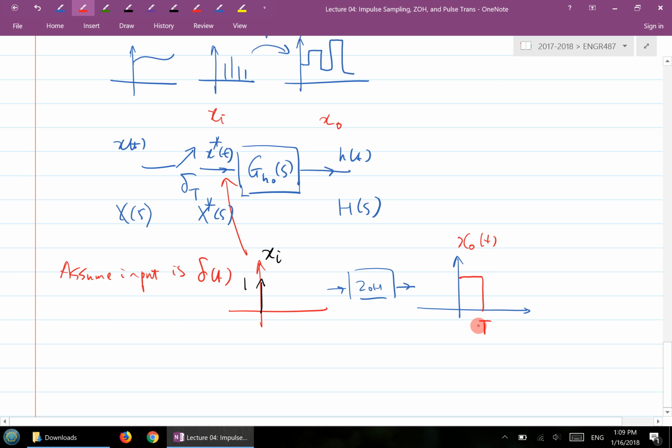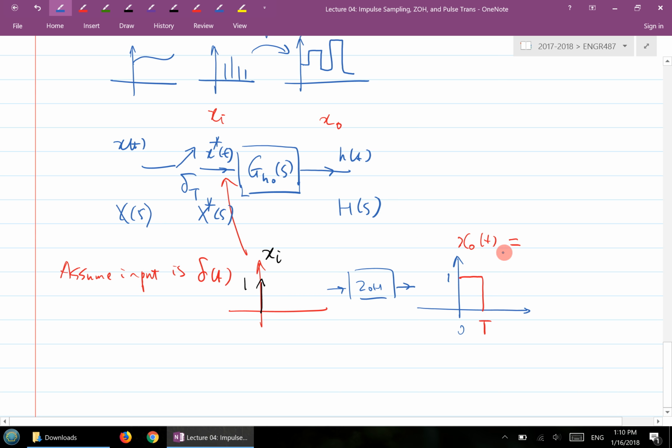For xo of t, in order to do a Laplace transform, this is essentially a rectangle signal which is equal to 1 between 0 and capital T, and outside that it's all 0.